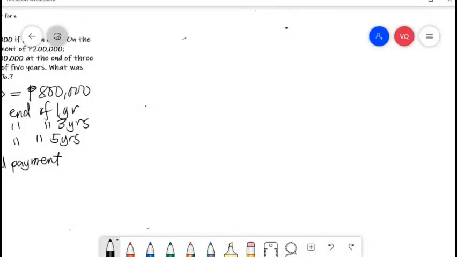We will now draw the cash flow diagram. The x-axis is the number of periods. In this case, we have 5 years: 1, 2, 3, 4, and 5.